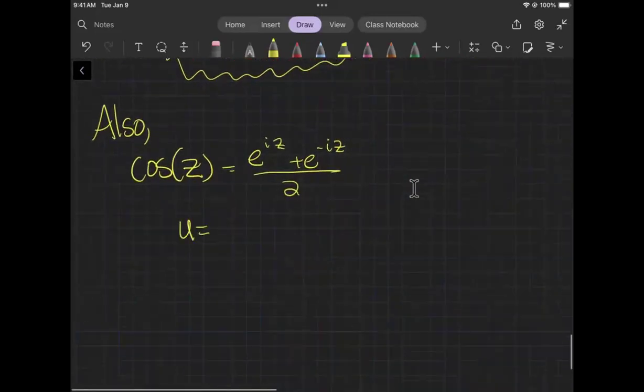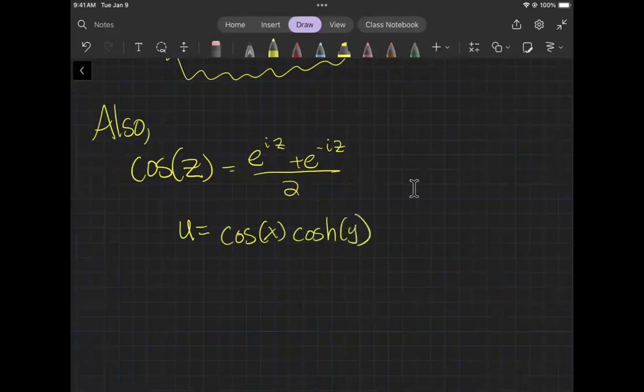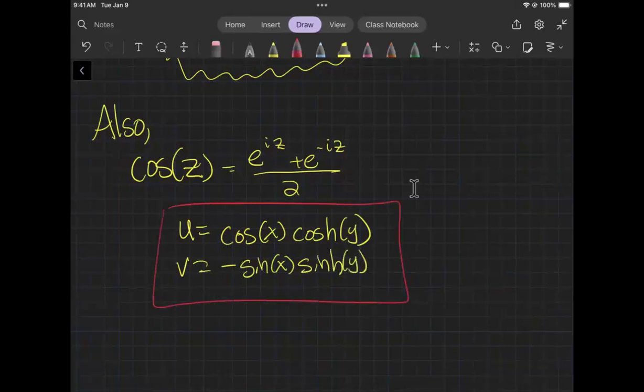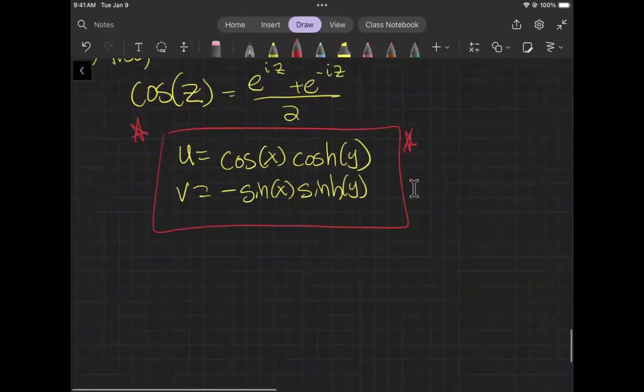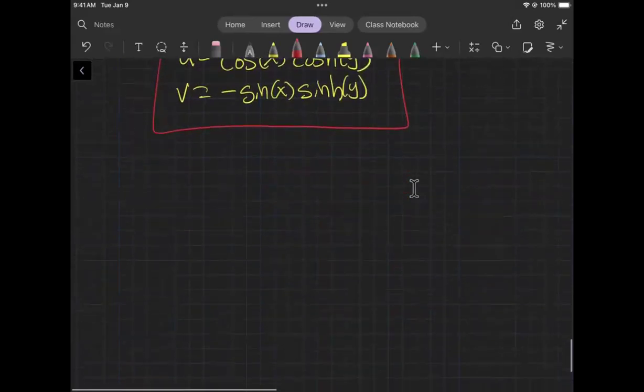If you work this out, the real component should be u equals cosine x times hyperbolic cosine y, and v is equal to minus sine x hyperbolic sine y. So it's important to take note of these equations for u and v here as well.